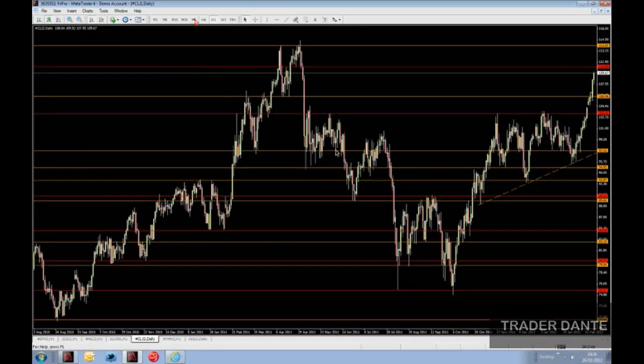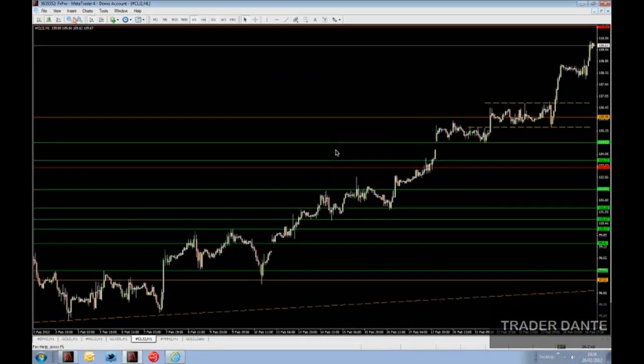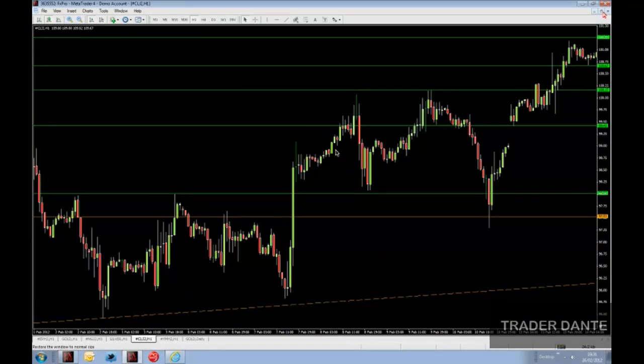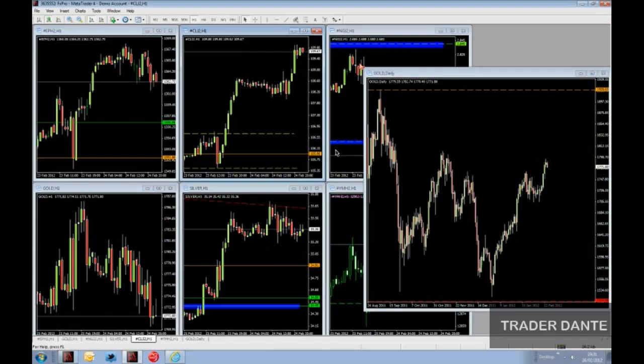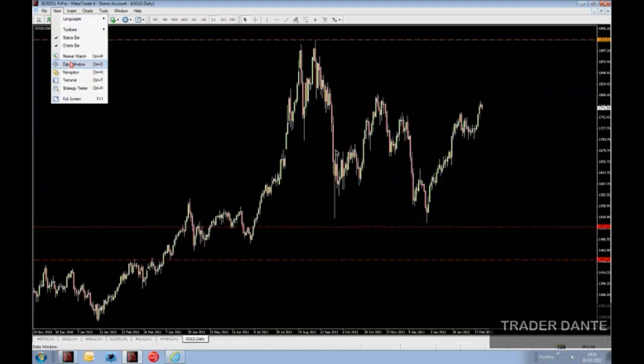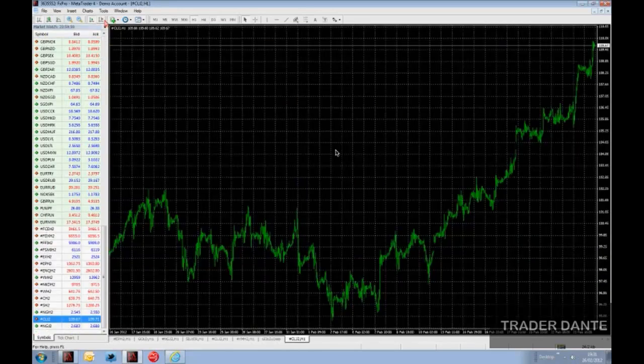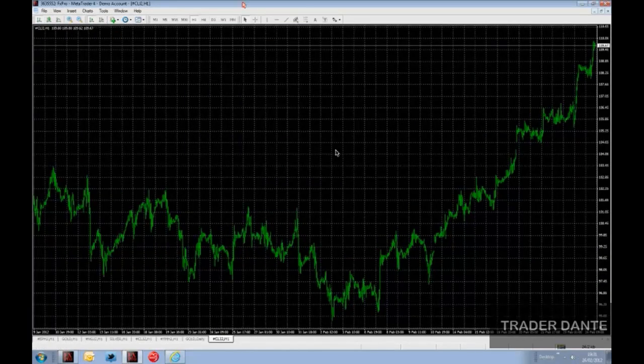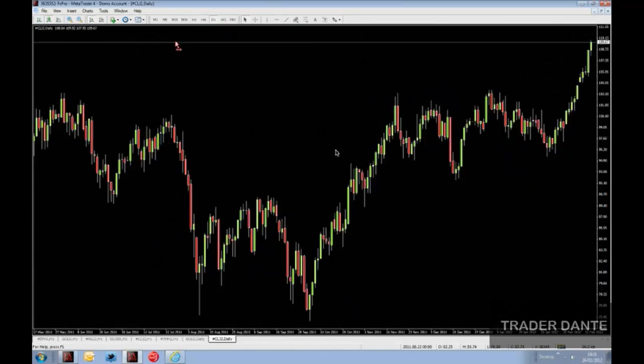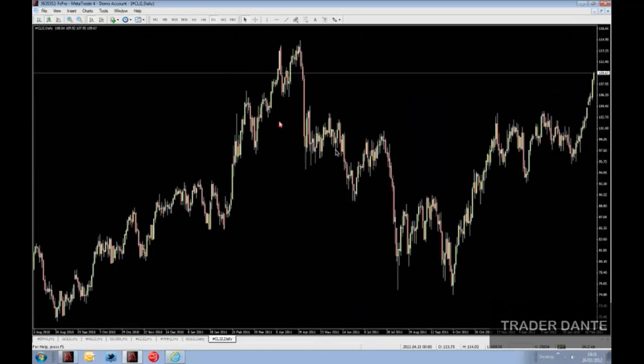Let me just get a blank chart up for a second here. You see, I've got a lot of levels on some of these charts. Let me pull up something here just to show you. Nothing like going off on a tangent. But if you look at crude oil, have you noticed how many times, when there's a major turning point, price just likes to take out the prior swing highs or swing lows?